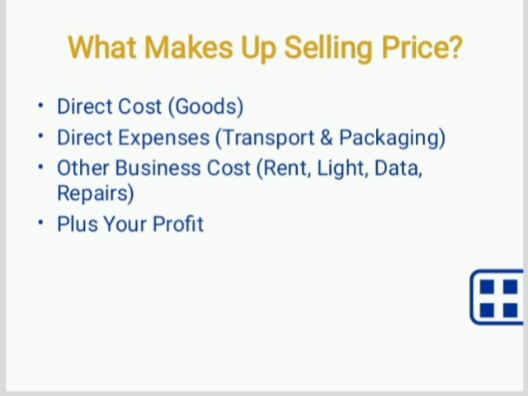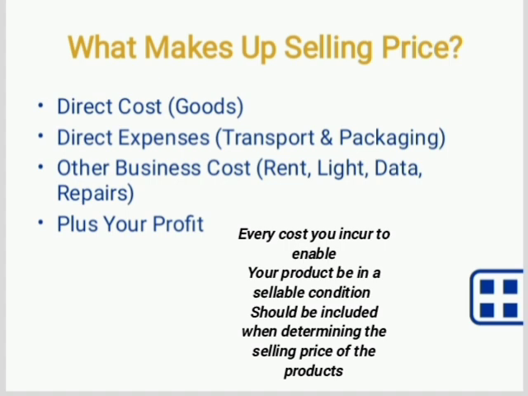If you have to pay a light bill, as the case may be, when you put those products in the fridge, that cost will be part of it. So every other cost you incur for your product to be in its best condition till the point of sale will be recognized when calculating and determining the price you're going to sell your product.